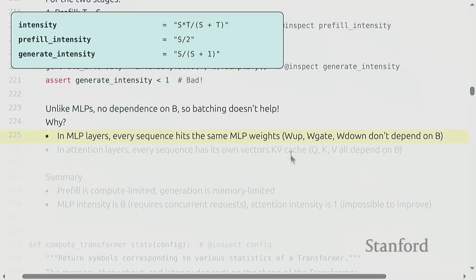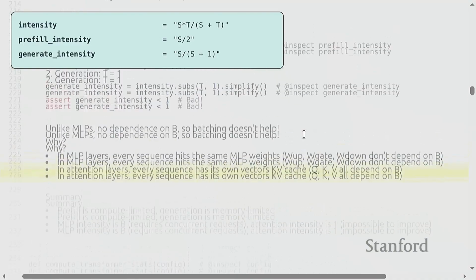Whereas in the attention layer, each sequence has its own KV cache, because the KV cache is sequence specific. In the MLP case, you can read all the weights and then process a batch. Whereas in the attention case, every sequence requires additional memory. You don't get any savings if you batch them up.